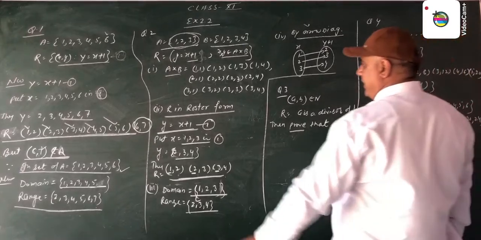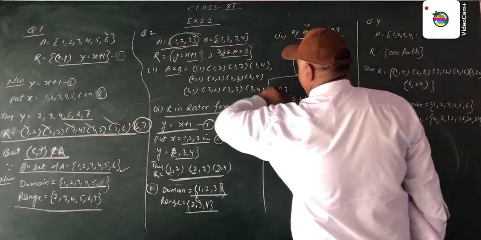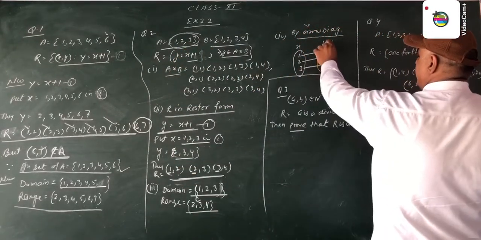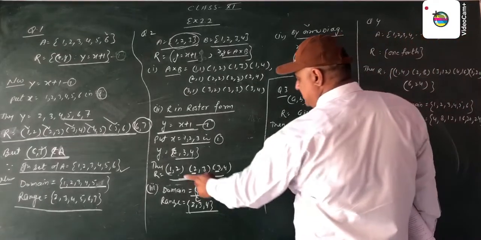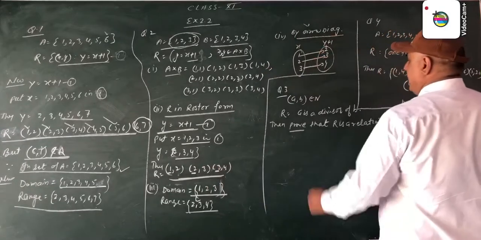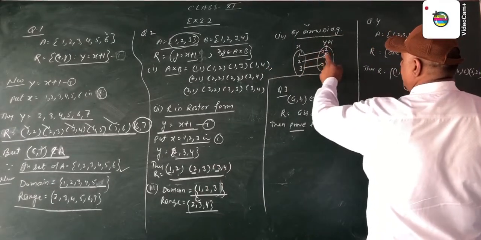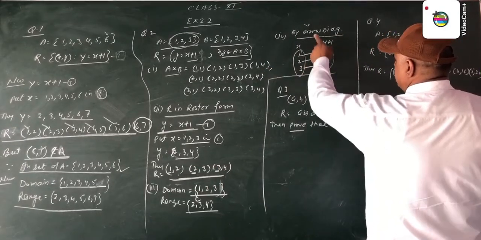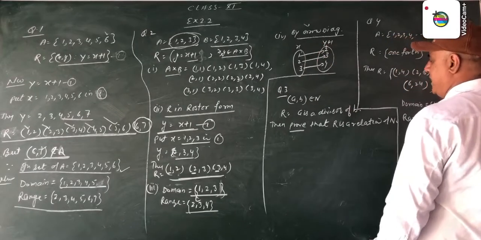Here the values of x are 1, 2, 3 and y is 1, 2, 3, 4. Now 1 goes to 2, 2 goes to 3, 3 goes to 4. This is the arrow diagram.